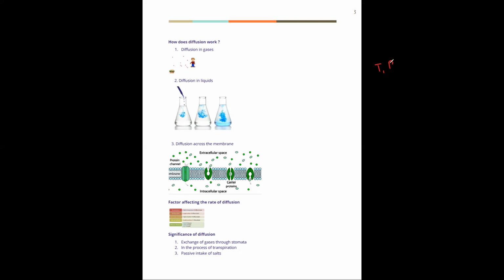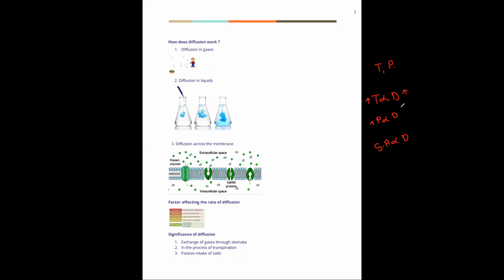The second factor is pressure. If the temperature is increasing, then temperature is directly proportional to diffusion. If the pressure of a system is increasing, then it is also directly proportional to diffusion. If the surface area is increasing, then it is also directly proportional to diffusion.